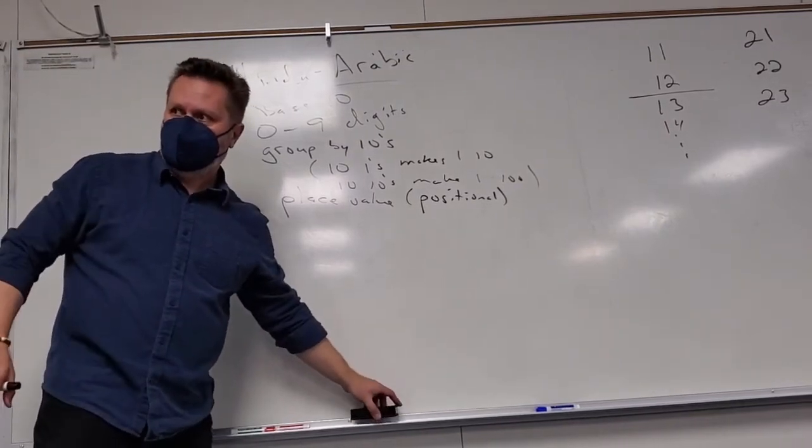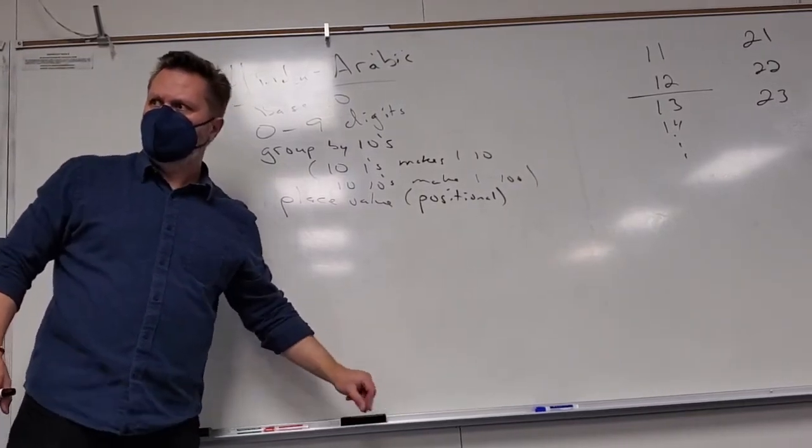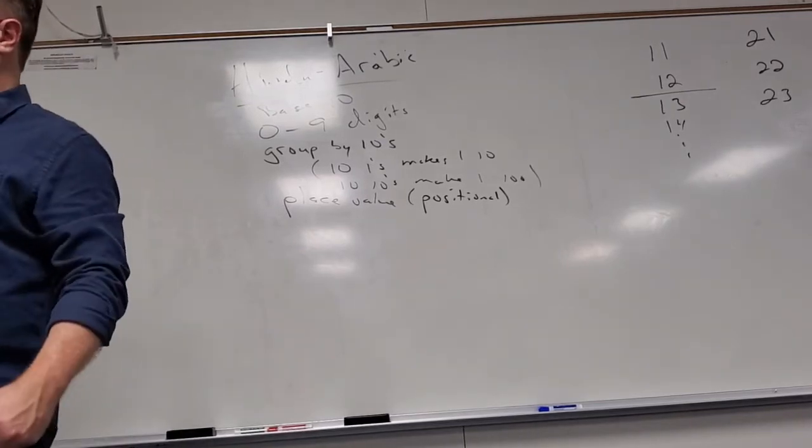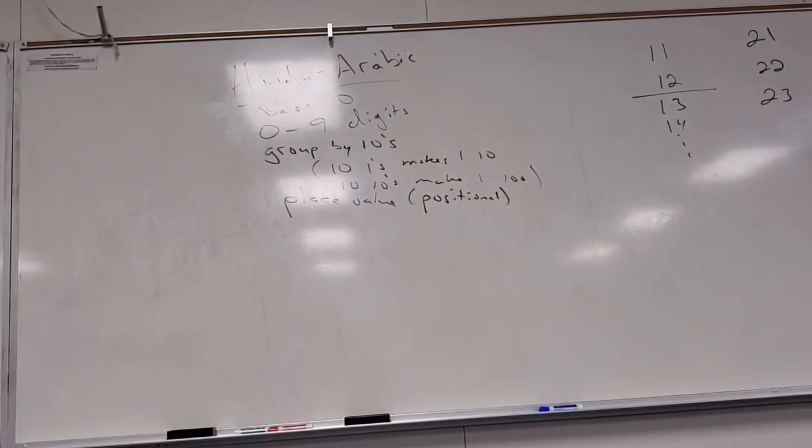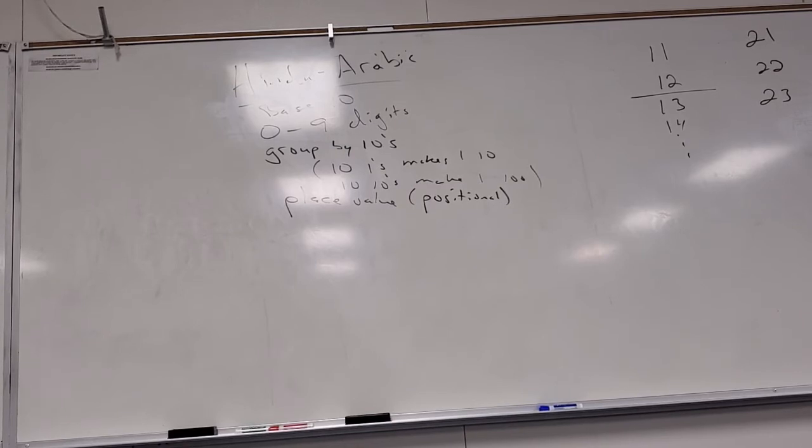In French, you pretty much do the same thing up till 17. 16 is seize, and then 17 is ten-seven, dix-sept. And in Spanish, like French onze, we have once, douze, doce, and then trece, quatorze.